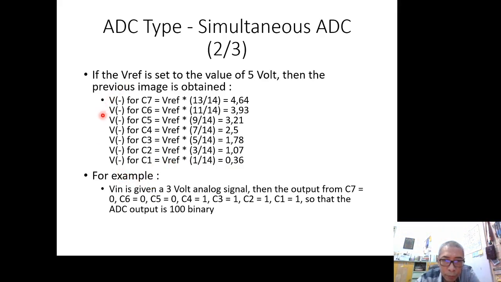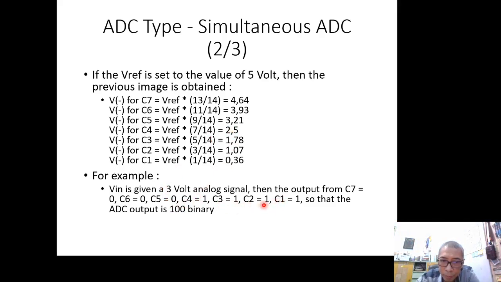For example, we want to convert a 3 volt analog signal. Since 3 is less than 4.64, the output of C7 is 0. C6 is 0, C5 is 0, but C4, because 3 is more than 2.5, is 1, C3 is 1, C2 is 1, and C1 is 1.